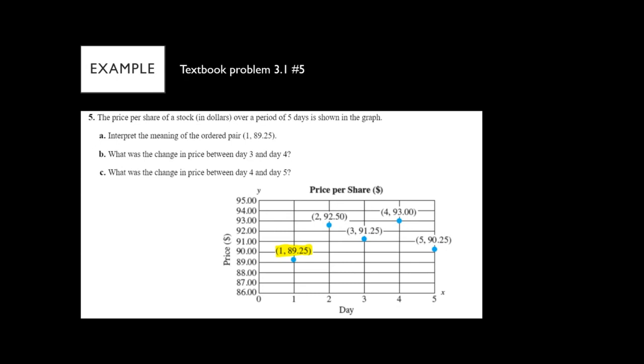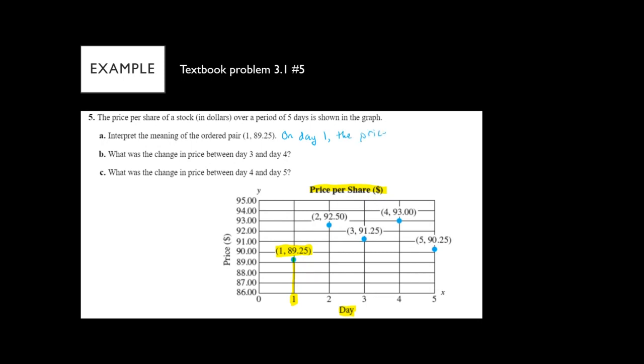So we interpret the meaning, we always do x first. So the x is at 1. So this is on day 1. So when we interpret our meaning, that's what we say: on day 1. And then what are we graphing? We are graphing the price per share in dollars. So I need to say that.